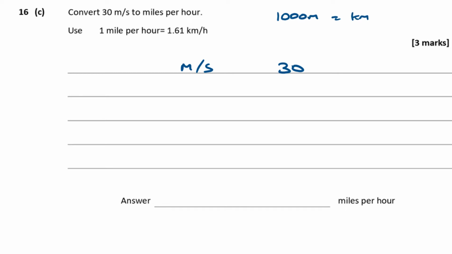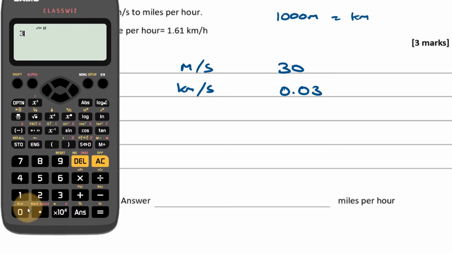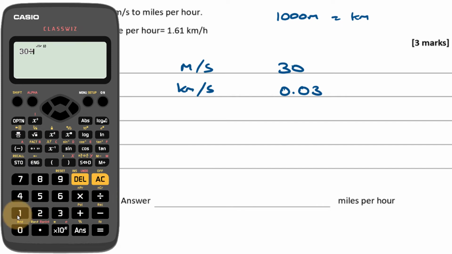So if I want to go to kilometers per second, I'm going to have to divide that 30 by 1,000. So that is going to be 0.03, isn't it? Let me just double check that. 30 divided by 1,000, 0.03. Yeah, so that's 0.03 kilometers per second.